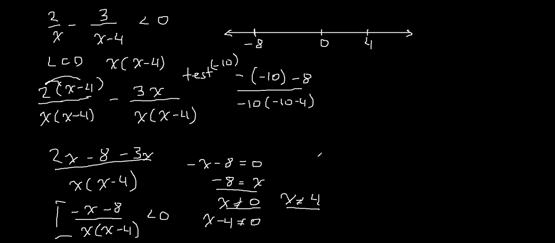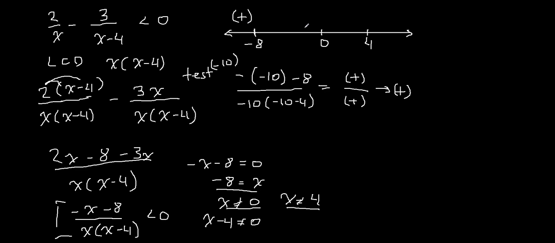I'm just going to skip a few steps. Negative 10 minus 8 gives you a negative number on top, and at the bottom you have negative 10 times negative 14, which is a positive because a negative times a negative is a positive. So this area is positive.